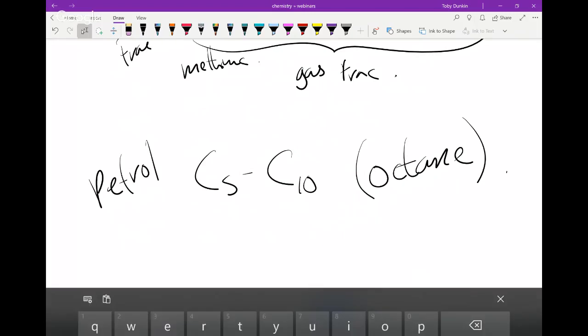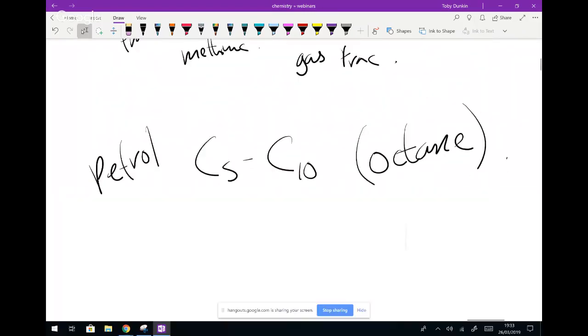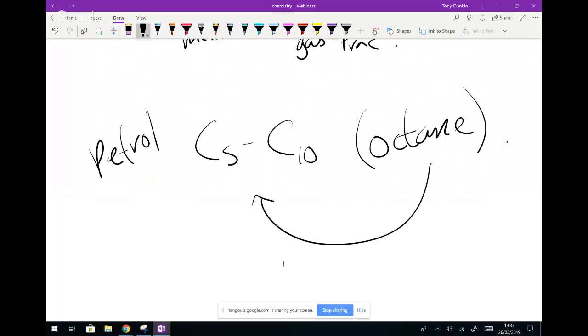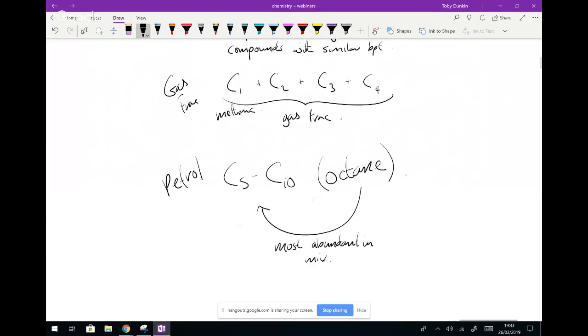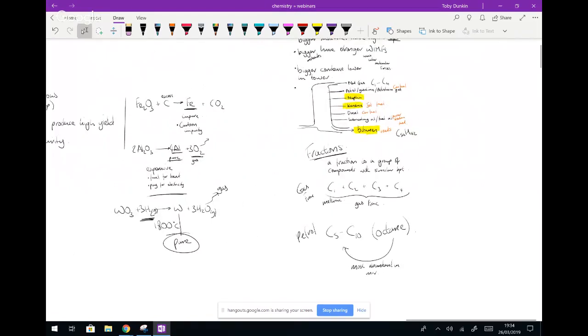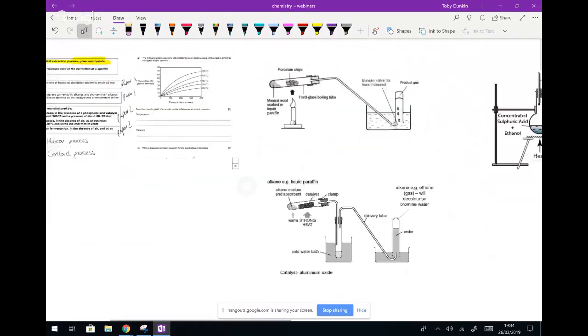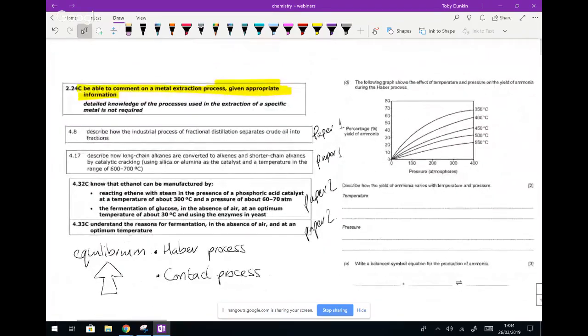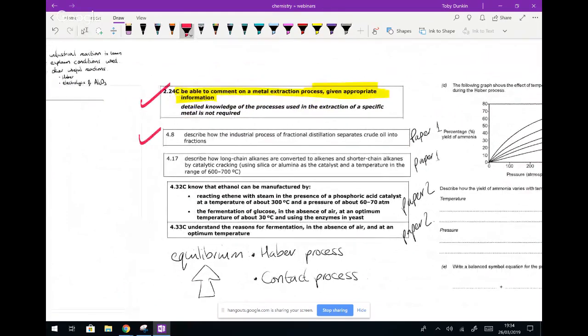The reason being is, of course, octane is the most abundant in the mix. So it's nice to refer back to our fractions, and they do appear quite a lot. Cool, so that covers our fractional distillation of crude oil, so I can tick off those two.